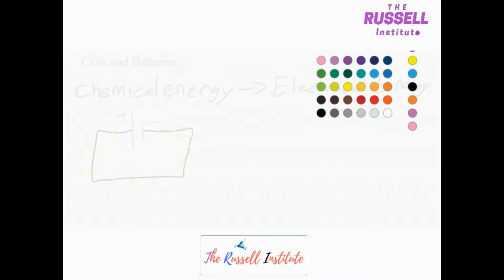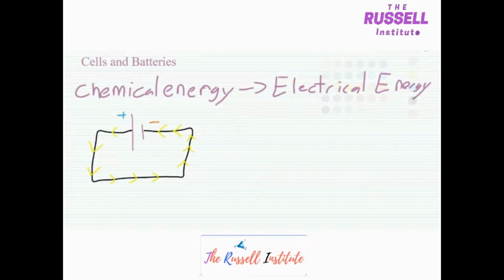Now, what's interesting about a cell is that it has what we call a nominal voltage. The average cell has a nominal voltage of 1.5 volts. So what does this mean?